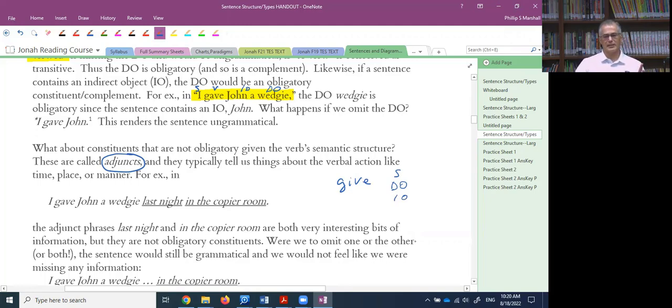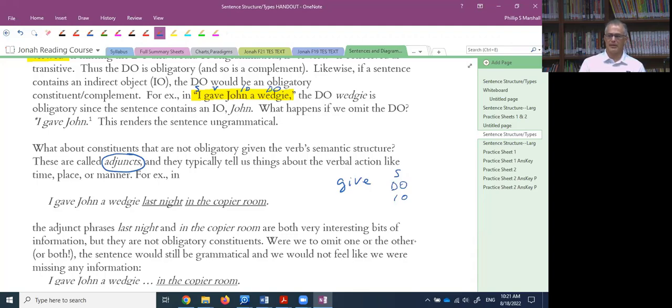Those are the three things that should always hop into your mind when you hear that verb give. And so we refer to that as the verb semantic structure. Structurally, there needs to be three things. But does giving, when I evoke that idea, does the time of giving occur to you as something necessary about using that verb? No.